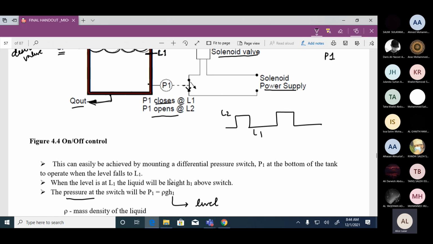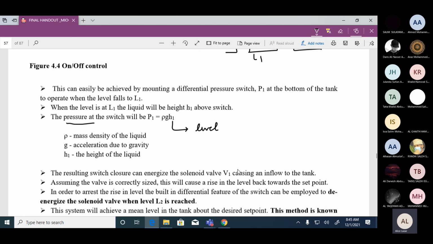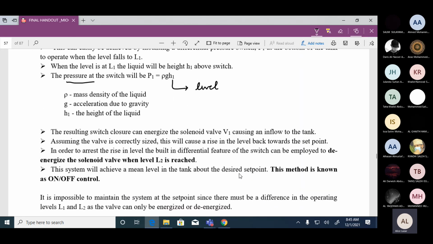So this particular control system depends on the sensor, which is acting as a switch. Whenever the level is at L1, the height of the liquid will be above the switch and it will make the switch open. Whenever the level is at L2, the switch will close and no more water will be allowed to flow through.